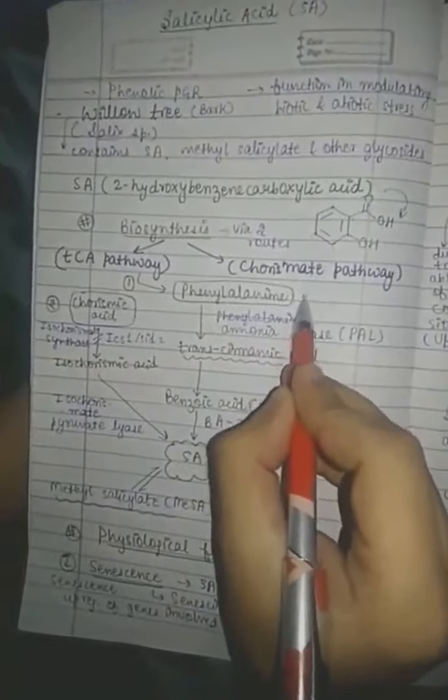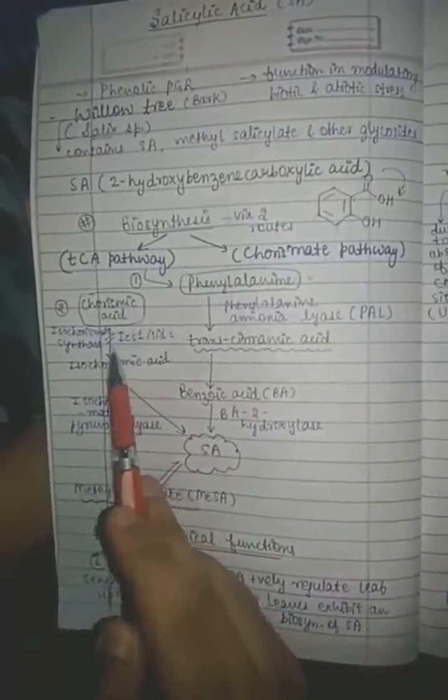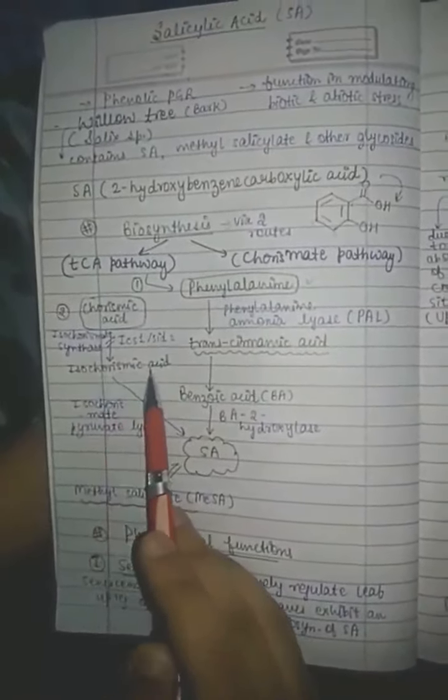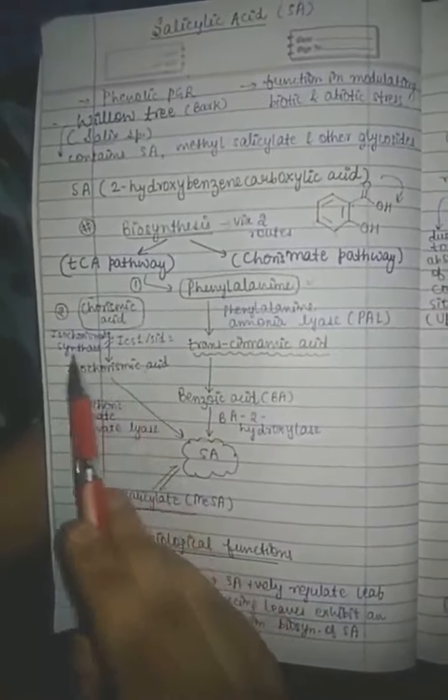Then the second one is the chorismic acid pathway. This pathway starts with chorismic acid, which is converted into isochorismic acid by the enzyme isochorismate synthase. Now this isochorismic acid is converted into salicylic acid by the enzyme isochorismate pyruvate lyase.